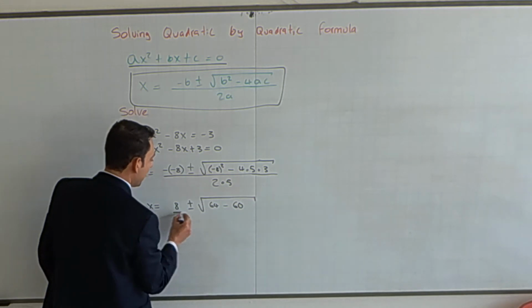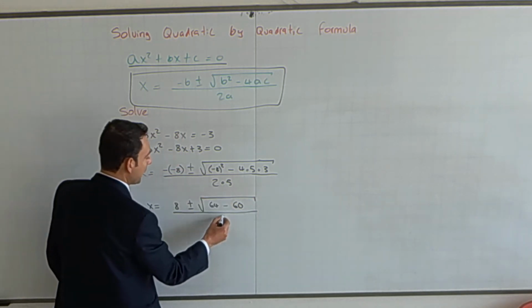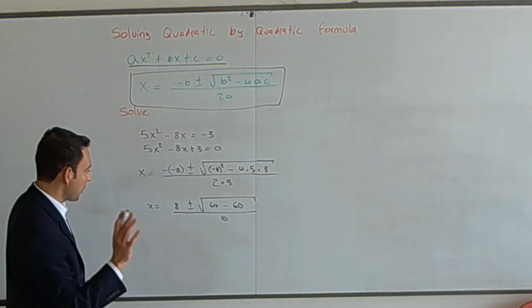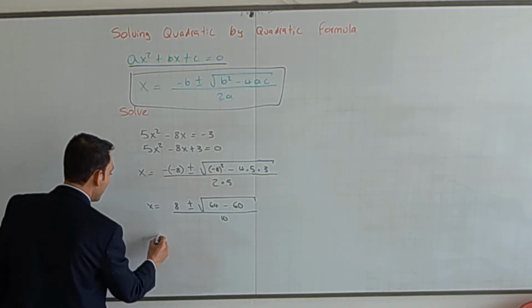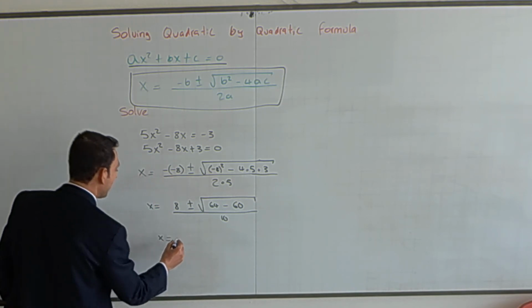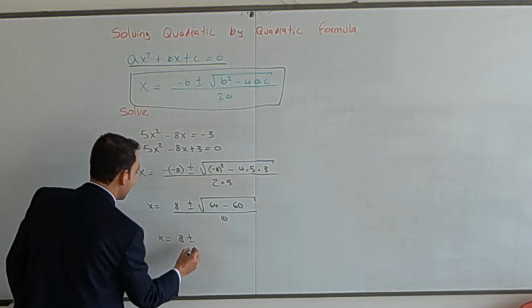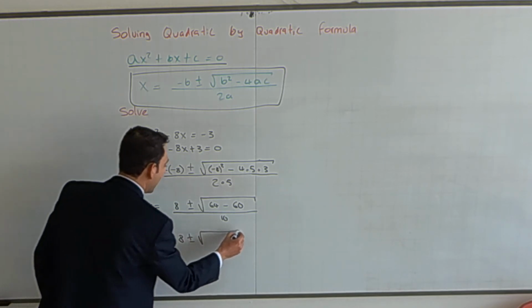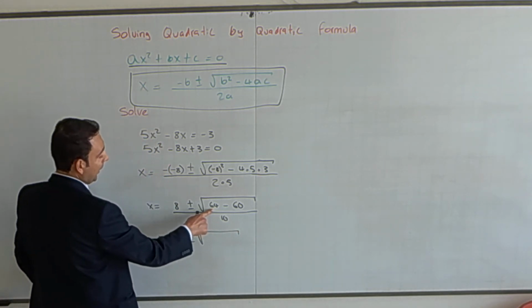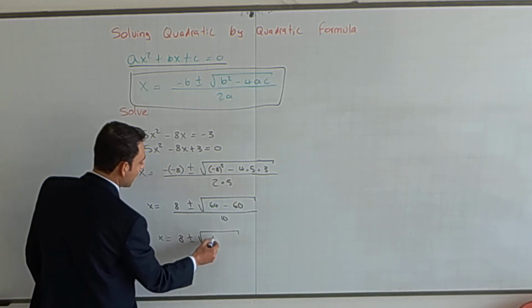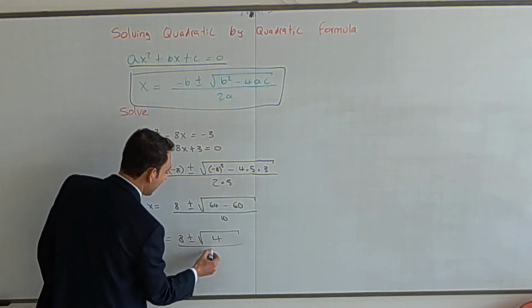Okay? All of this divided by 2 times 5, which is 10. What did I do? Just operations. We have to continue with operations. Then x is going to be equal to 8 plus and minus the square root of 64 minus 60, which is 4, and all of this divided by 10.